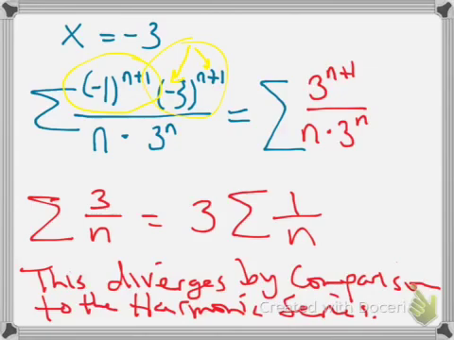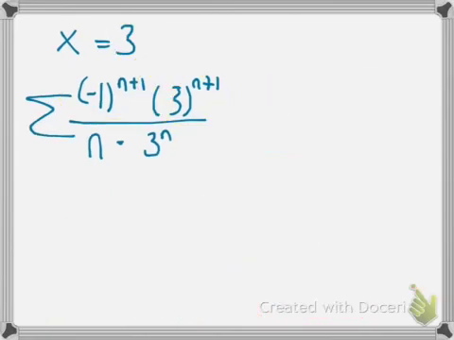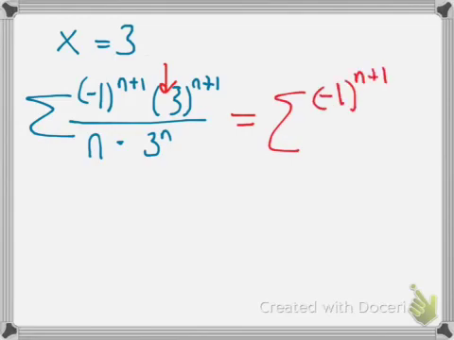Alright, now going on to when x equals 3. In this example, there is no -1 times the 3 inside the parentheses anymore. That's gone. And so we're still going to have the -1 to the n plus 1 in this part of the expression.